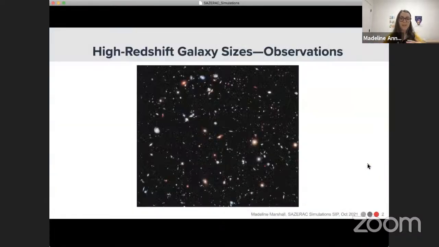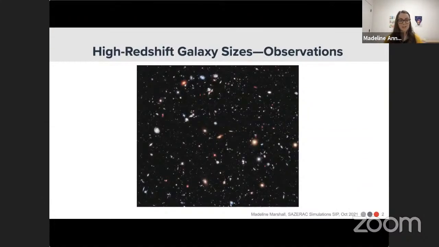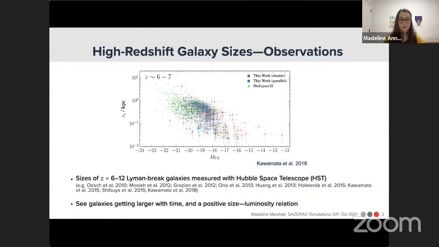If you were to make an observation and discover a high-redshift galaxy, I would argue that one of the most simple things that you could do would be to measure its size. And that's exactly what a lot of observations using deep Hubble fields have done.